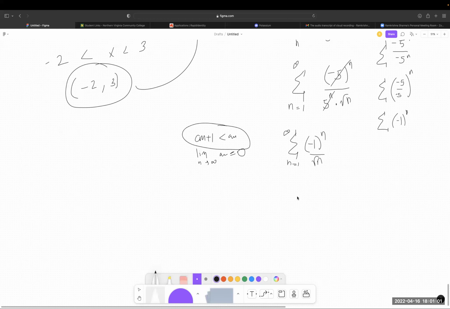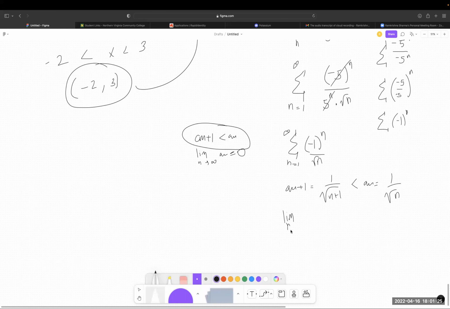So is the first condition met? Let's see. A of n plus 1 is the original without the (-1) to the n, n plus 1. And then we have a of n, which is 1 over the square root of n. This is clearly bigger because we are adding numbers to the denominator, so the fraction gets smaller.